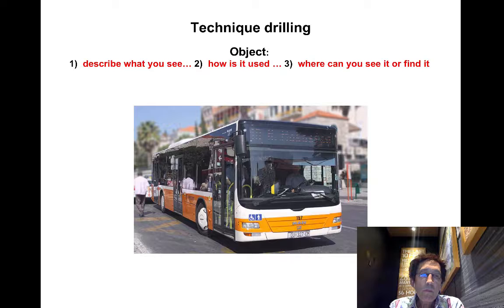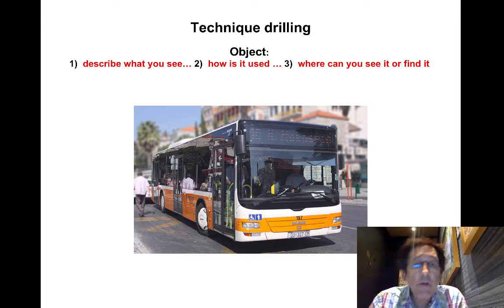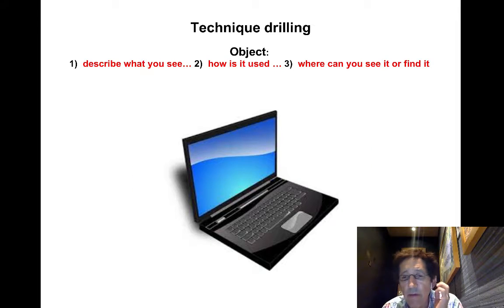This object can be a public vehicle, and there's also a driver in it, and it can be seen on the street, in every city. In every city, we can see this object driving on the street. Very good.